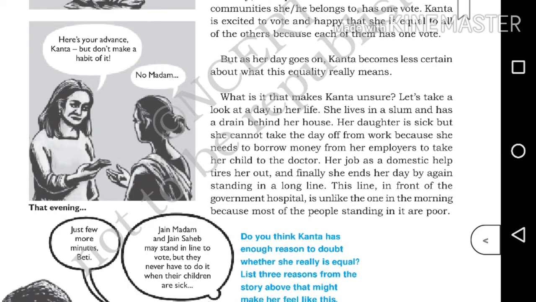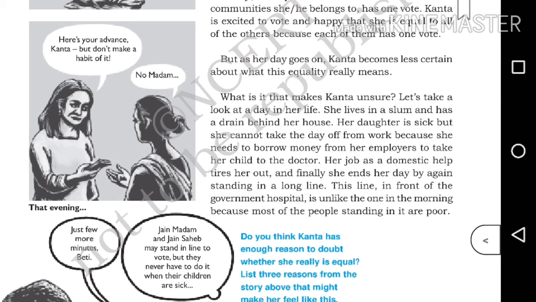But as her day goes on, Kanda becomes less certain about what this equality really means. What is it that makes Kanda unsure? Let's take a look at a day in her life. She lives in a slum and has a drain behind her house. Her daughter is sick, but she cannot take the day off from work because she needs to borrow money from her employers to take her child to the doctor.